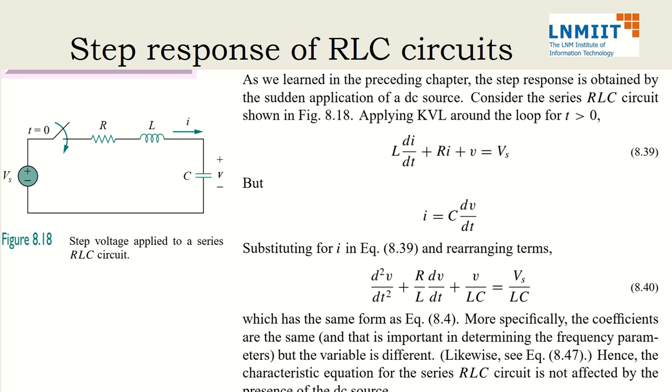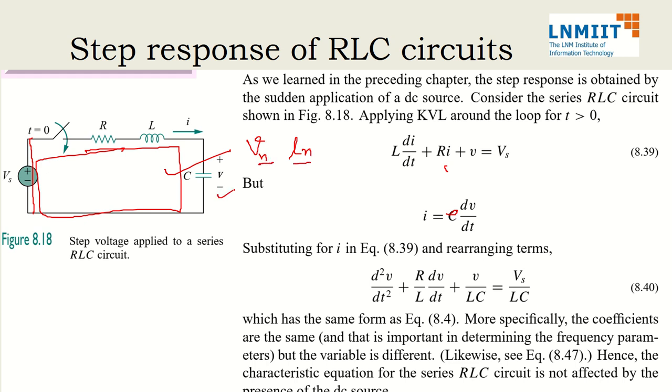To consider natural response, we need to have a source free circuit. How to get a source free circuit? In that case, we are going to make this independent source 0. Once I have this independent source as 0, I have this source free RLC series circuit, or sometimes we'll have RLC parallel circuits. We are going to calculate V natural or I natural, whatever we call it, natural response.